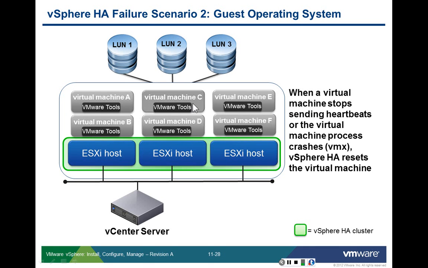If one guest operating system crashes, then the master ESXi host no longer receives the heartbeats. And if that virtual machine has crashed, it is then restarted on the same ESXi host.